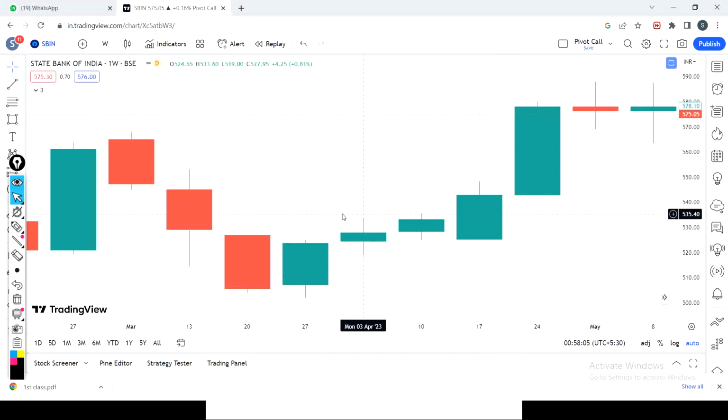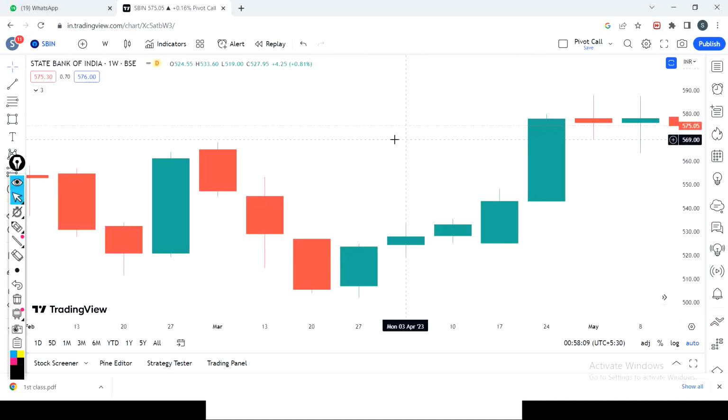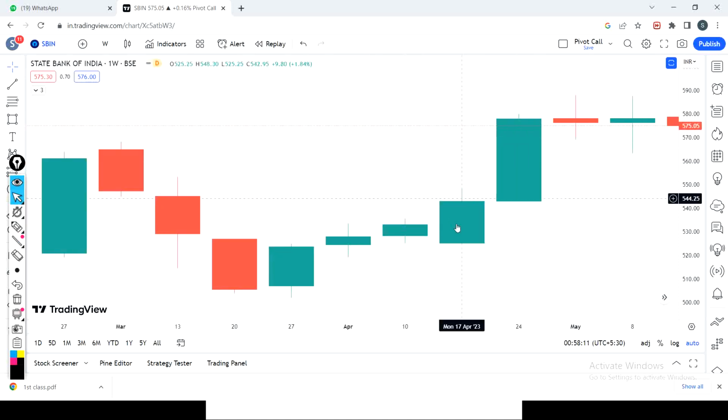Let's take an example. So I have opened a State Bank of India chart and let's discuss this candle, and I would like to draw your attention at this point. So here O is for open, H for high, L for low, C for close. And if I hover my mouse over this candle, you will see that the open, high, low, close are showing at that point.